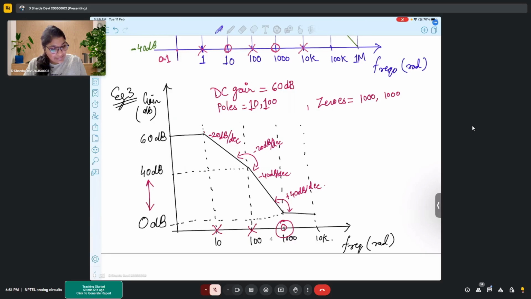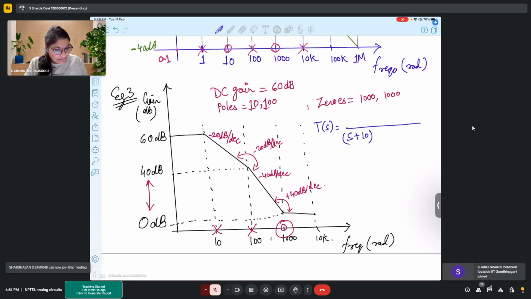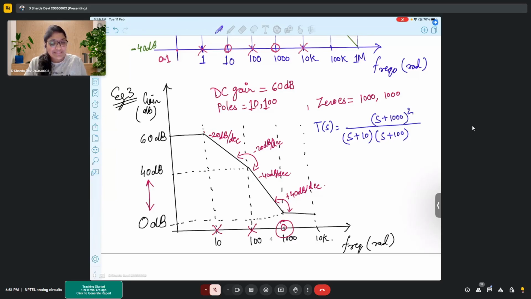So for that, I'll start writing my transfer function with my poles and zeros. My pole is at 10, so that is S plus 10. Then I have a pole at 100, this is S plus 100. And I have two zeros at 1000, so it is (S plus 1000) whole square.